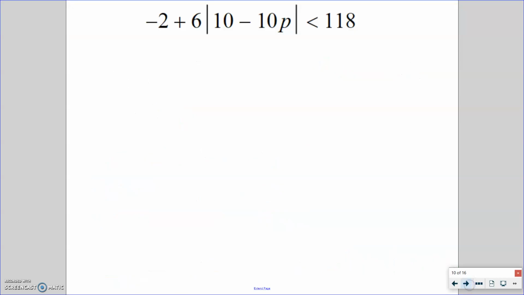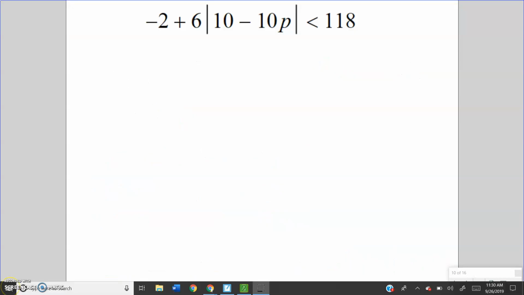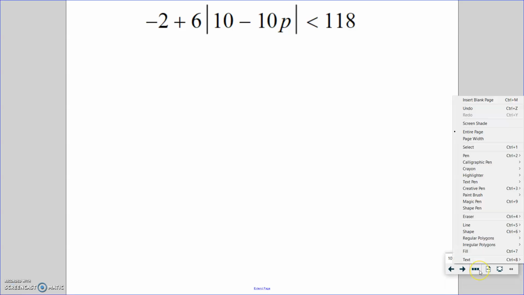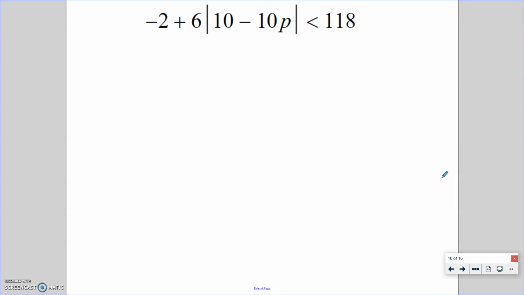All right, next one. Okay, so let's look at this one now. And our first job is going to be isolating those absolute value bars. So we need to go ahead and add that 2 over. So when we do that, we get 6 times the absolute value of 10 minus 10p is less than 120.